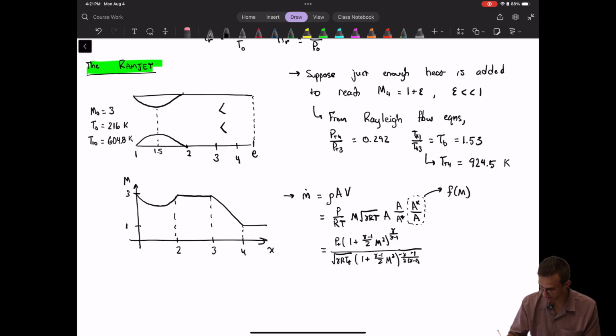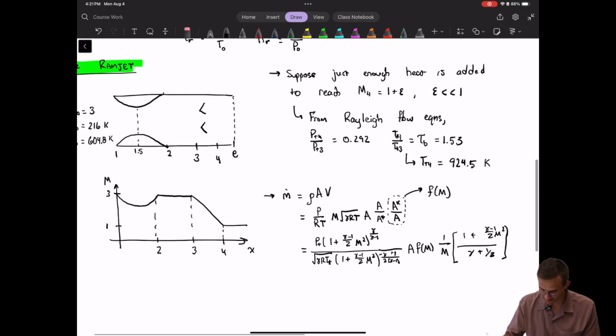A lot of that complex exponent is actually coming from us rewriting the A over A star as well. At the same time, there's a couple things going on here. The A times f of M, we're leaving those alone. And then we also have the rest of that A over A star function, 1 over M times this quantity 1 plus gamma minus 1 over 2 M squared, over gamma plus 1 over 2, and this exponent here is gamma plus 1 over 2 times the quantity gamma minus 1.